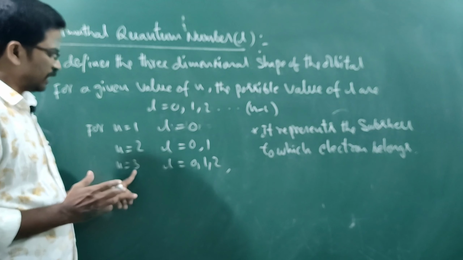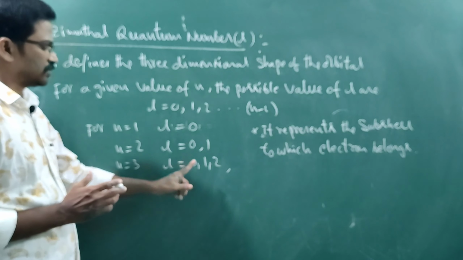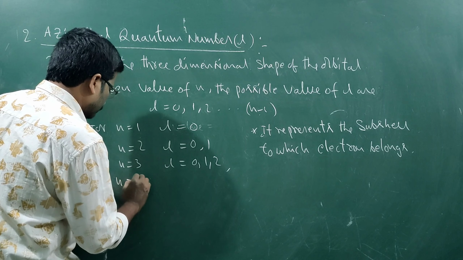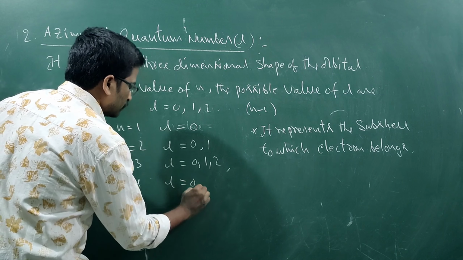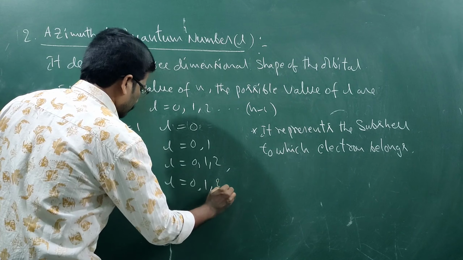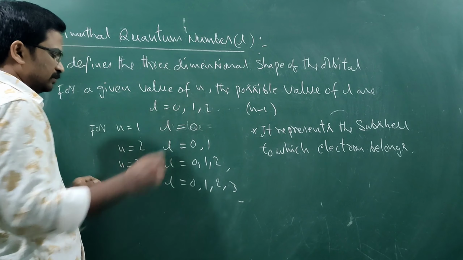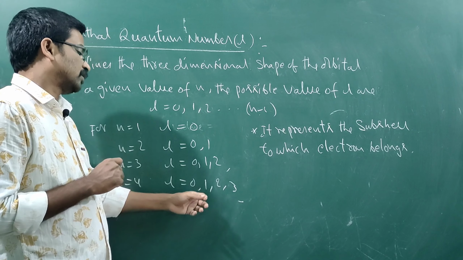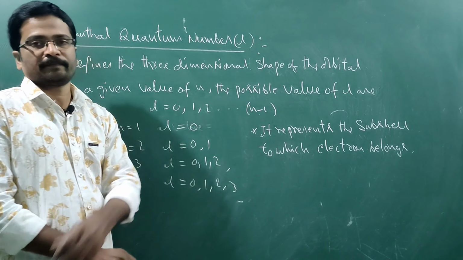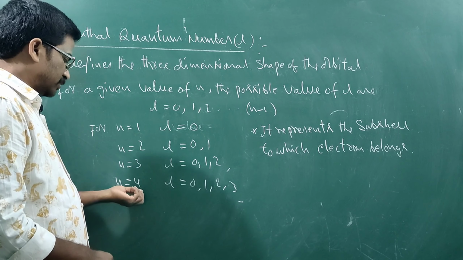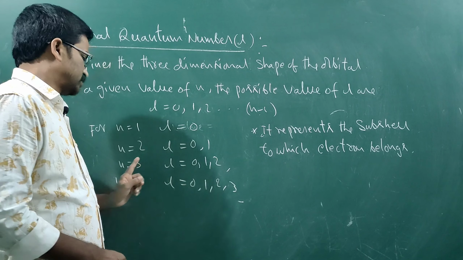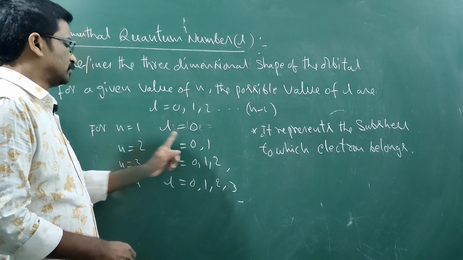For n is equal to 3, there are 3 values, 0, 1, 2. If n is equal to 4, you get 0, 1, 2, 3. If n is equal to 5, you get L values 0, 1, 2, 3, 4.